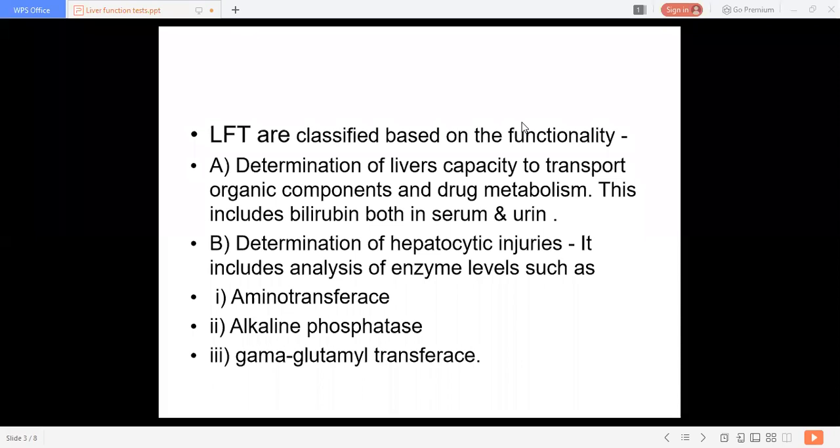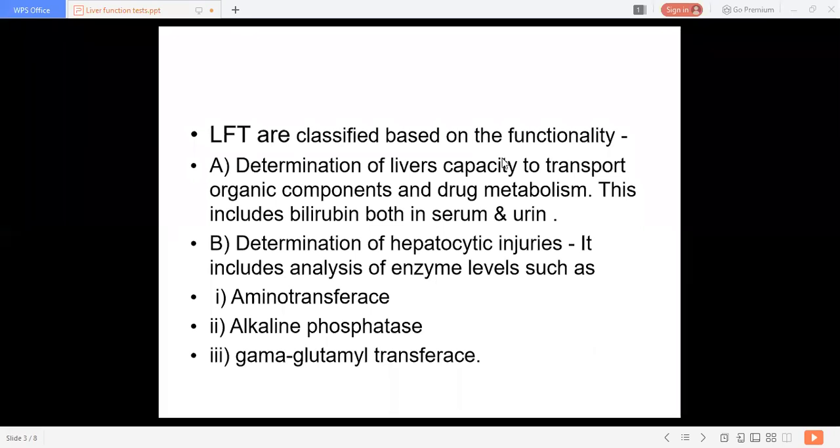The second function is related to the determination of hepatocytic injuries. This includes the analysis of enzyme levels such as aminotransferase, the first one, then alkaline phosphatase, and the third one is gamma glutamyl transferase.